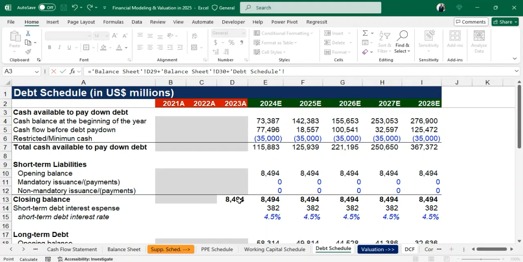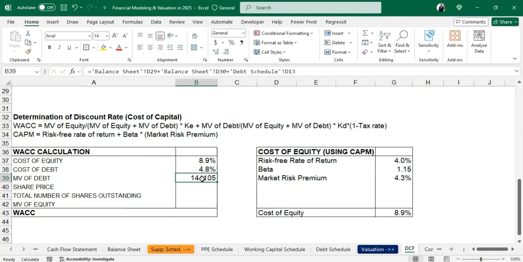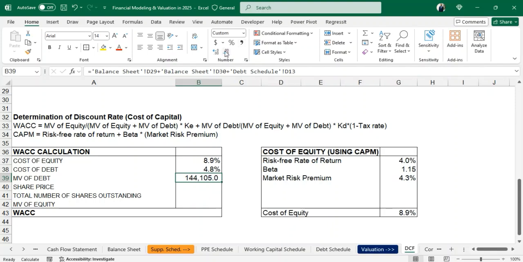So this is 2023, which is 8494. We obtain this figure from the 10K of the Amazon financial statement. Okay, so with that, I can hit enter. So this is our total debt. Let me insert my comma separator. I want this to 0 decimals.